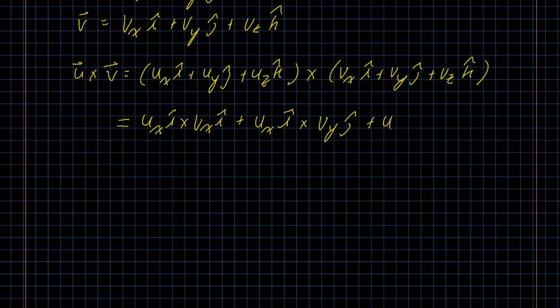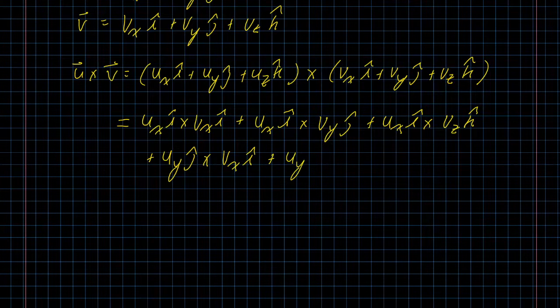We're going to get uxi cross vzk. Then we'll take uy. So we get uyj cross vxi. Uyj cross vyj. And uyj cross vzk.